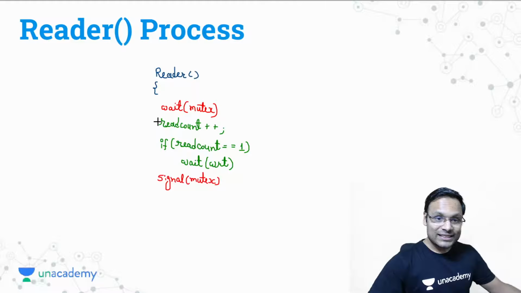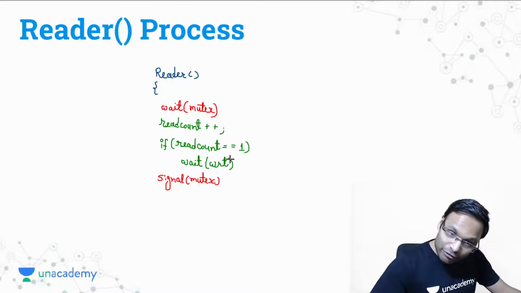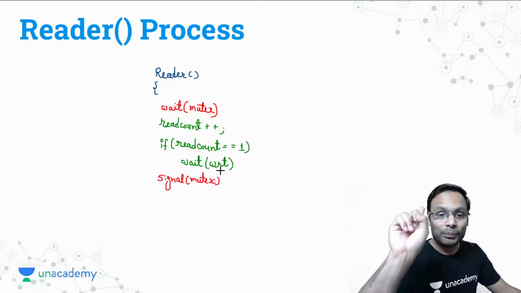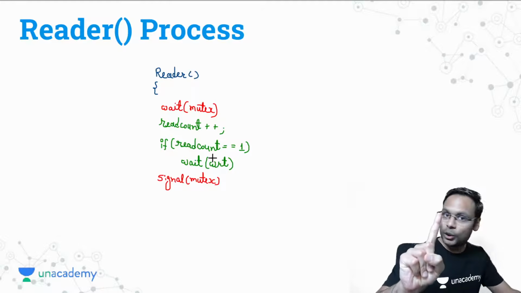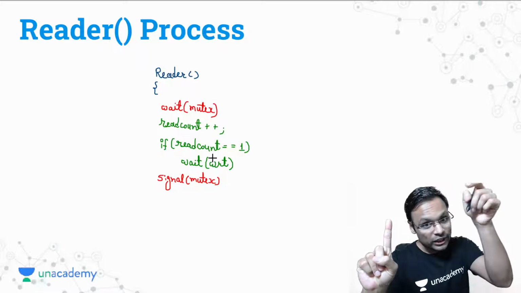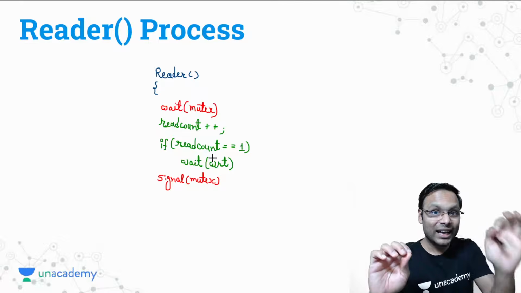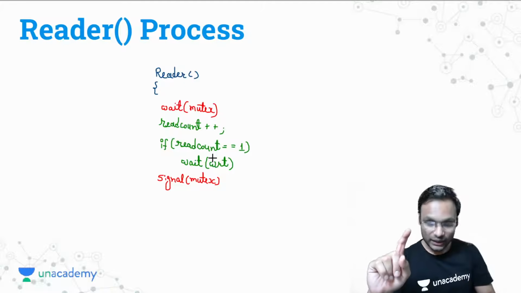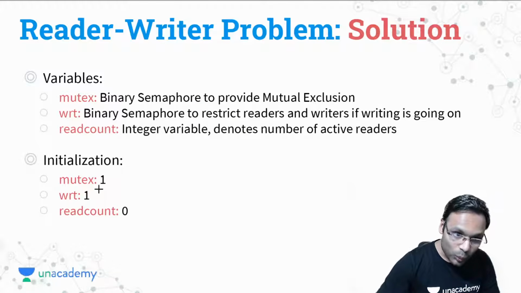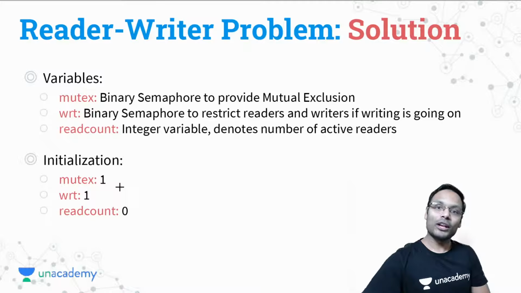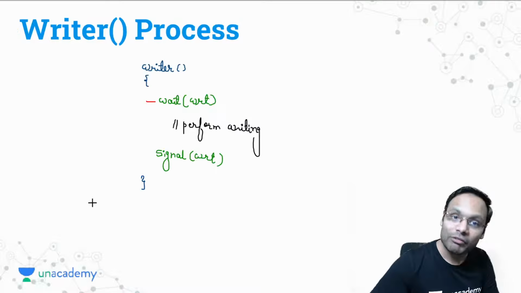Now let's say the reader has taken wait WRT successfully, means WRT was 1, no writer was there, only then WRT can be 1. सोचो जरा, कोई अगर राइटर नहीं है, if no writer is writing, WRT should be what? 1. If one writer has already finished the writing, still WRT is 1. Why?